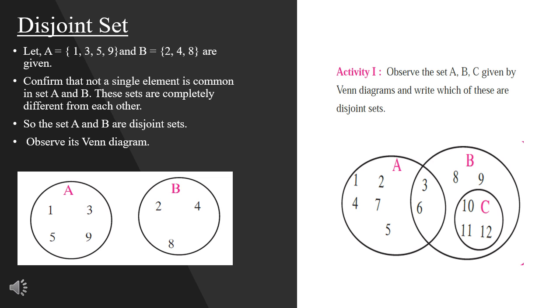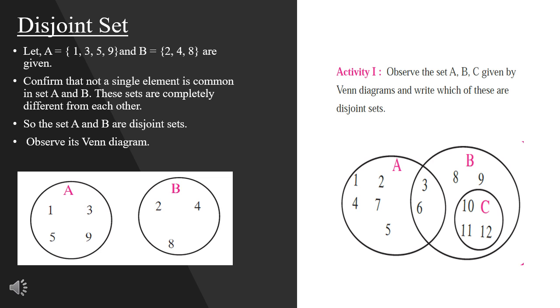Confirm that not a single element is common in set A and B. These elements are completely different from each other. Look at both the sets given. We don't find any element which is same in both of them. And therefore these two sets, set A and set B, are known as disjoint sets.